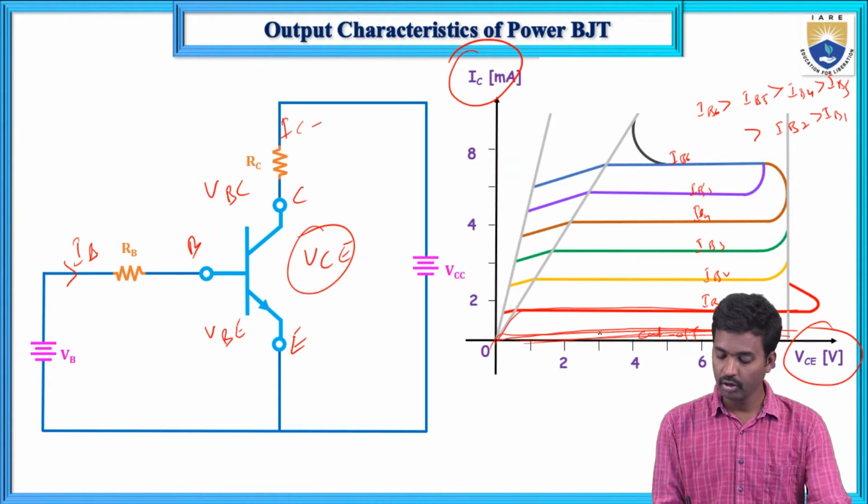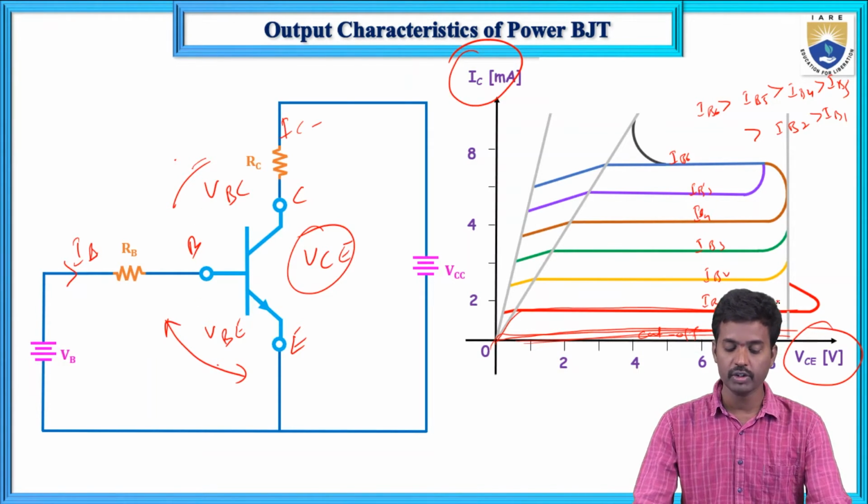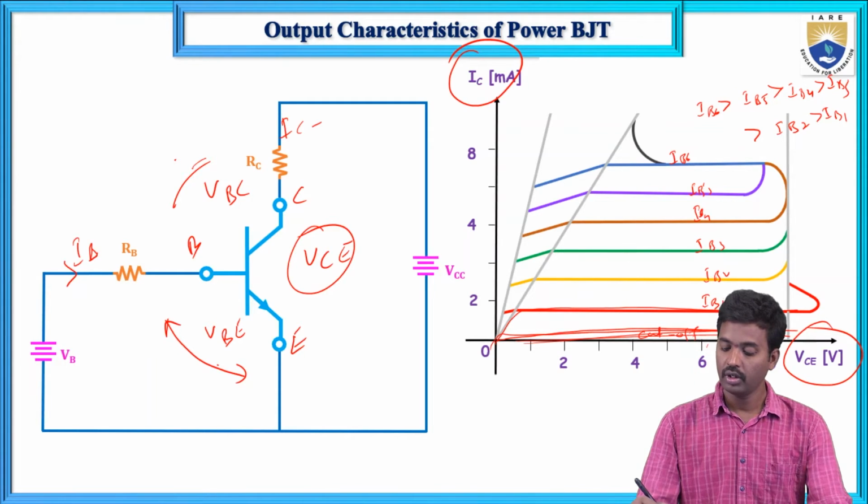In the cutoff mode, both junctions are in reverse bias. In this case the transistor is in off mode. In the active mode, one junction is in forward bias and the other is in reverse bias.